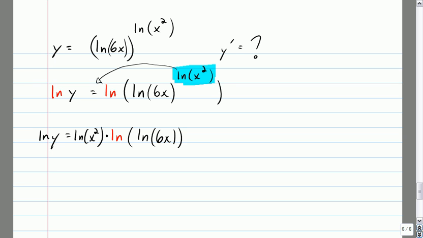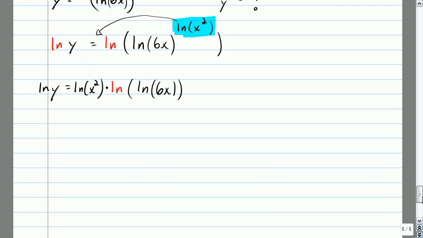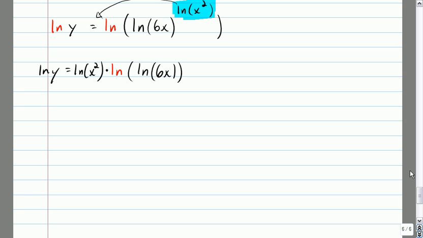Let's take the derivative of the left and the derivative of the right. The derivative of the natural log of y, the left side, is my 1 over y times y prime. The right side, I'm going to go product rule on this.